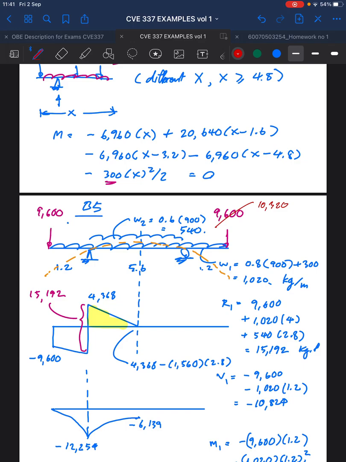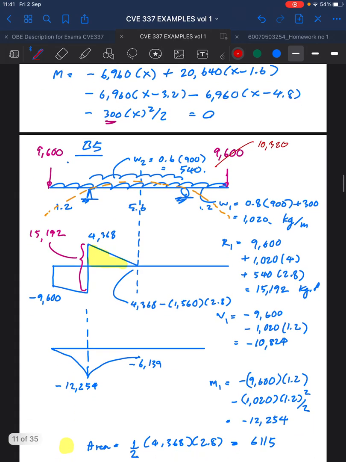Okay, this one is going to be simple because it's symmetric. Okay, so the reaction here, you just change this into that. So the difference is 720. Okay, these two numbers, the difference between these two numbers is 720.